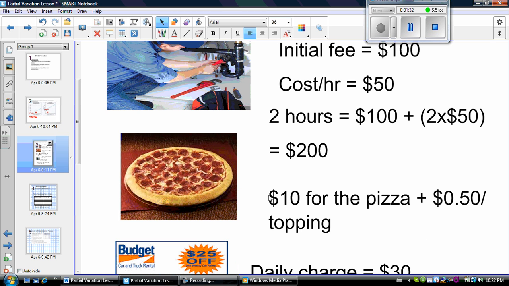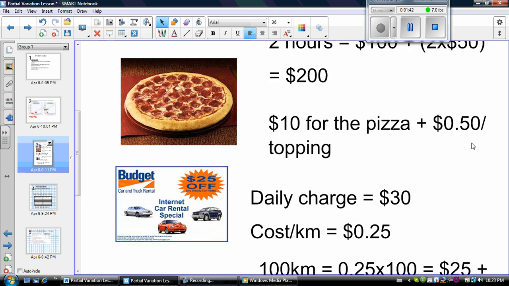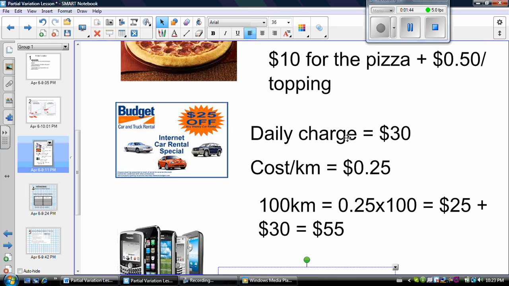Over here for the pizza, we have the initial cost of the pizza, which is $10. That's for your basic cheese pizza. Plus 50 cents is the rate of change per topping. Over here for the car, we have $30 just to rent the car. That's the initial cost. And then the cost per kilometer, in this case, is the rate of change.